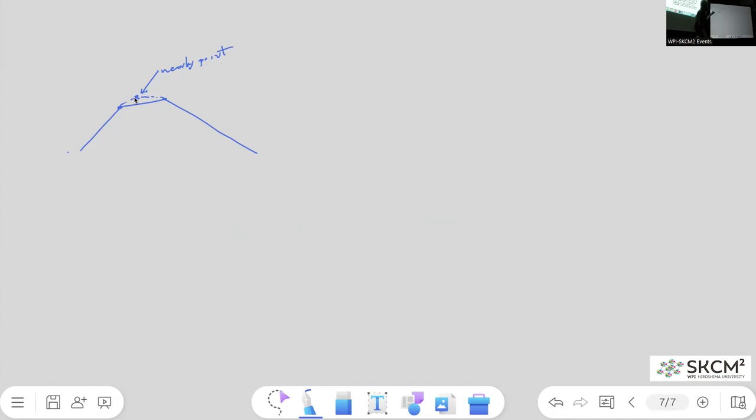Now, if the point is sufficiently nearby, there certainly won't be any other edges going through it, right? We can avoid them all. There are a finite number of them. We can avoid it. And so this will be equivalent to this.